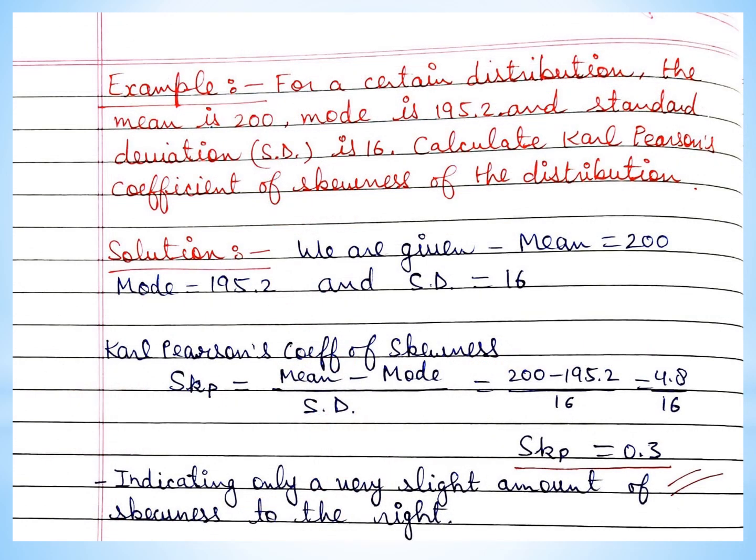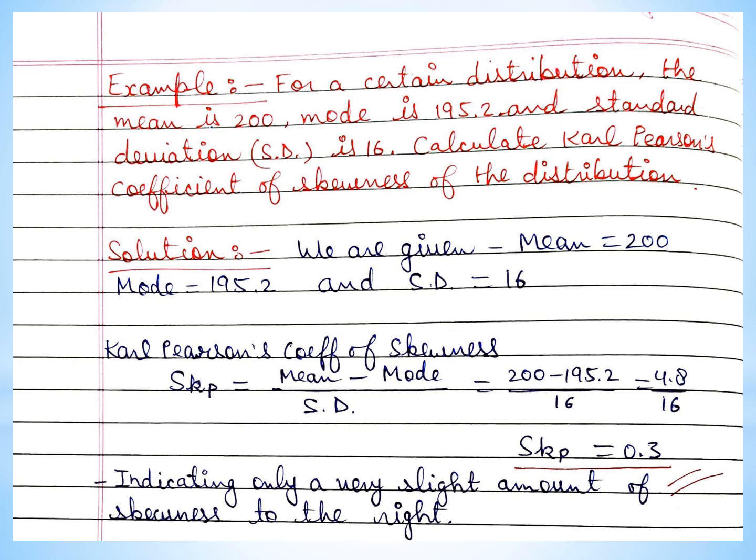Now let us understand some numerical problems. For a certain distribution, the mean is 200, mode is 195.2 and standard deviation is 16. Calculate Karl Pearson's coefficient of skewness of the distribution.